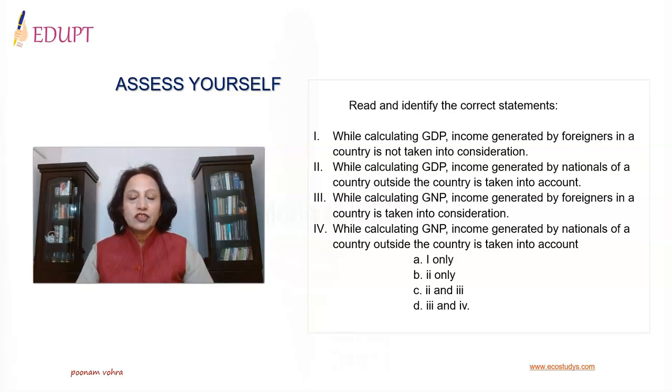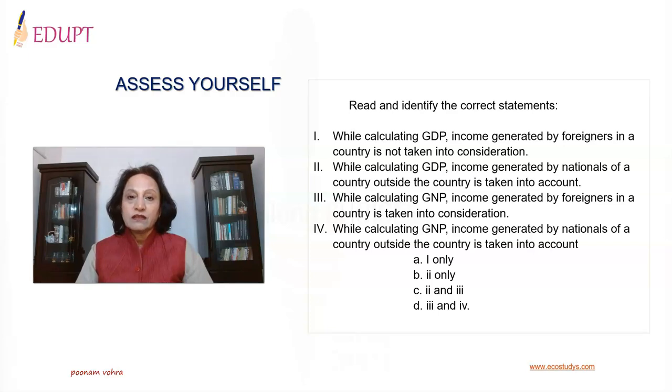While calculating GDP, income generated by nationals of a country outside the country is taken into consideration. 3. While calculating GNP, income generated by foreigners in a country is taken into consideration. 4. While calculating GNP, income generated by nationals of the country outside the country is taken into consideration.